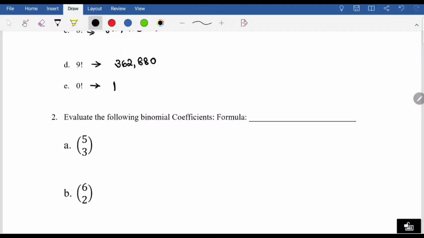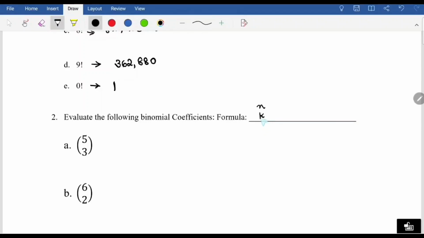Now we will go into calculating some binomial coefficients using the formula that we learned, as well as applying factorials. All right, so the formula for calculating binomial coefficients is n, then k or x.